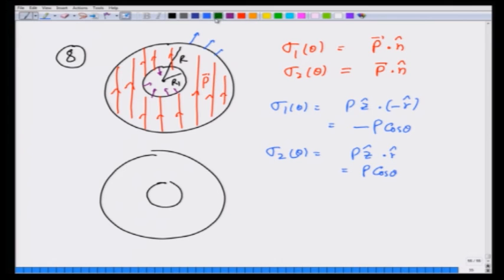On the inner surface, it is negative on the theta 0 onwards and positive on the lower side. On the outer surface it is the other way, P cosine theta is positive on the upper hemisphere and negative on the lower hemisphere, with the dependence being given as P cosine theta.